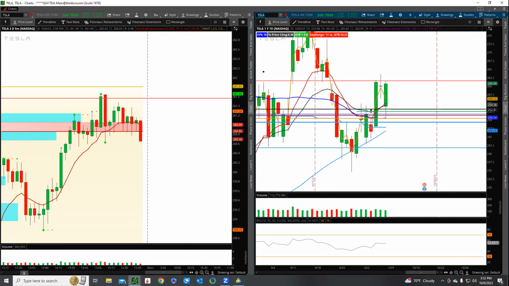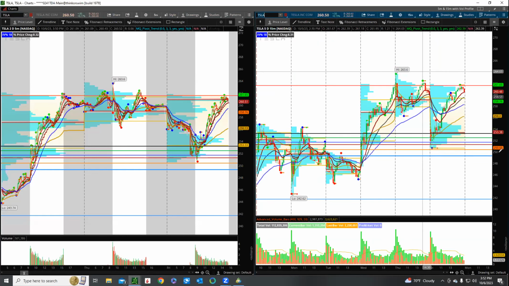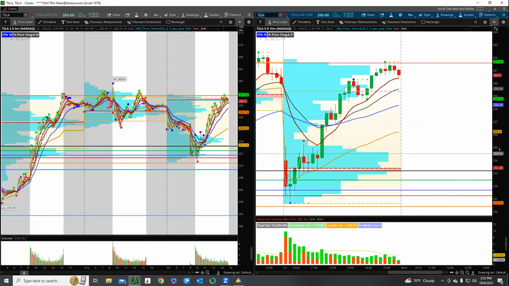Now, let's go into the higher time frame. Here's the 5 and 15. So I was saying how price interacted with the 15 back here, but for a trade at 3 o'clock to work out, price is going to have to come down here, interact with the 15, and off that likely bounce.